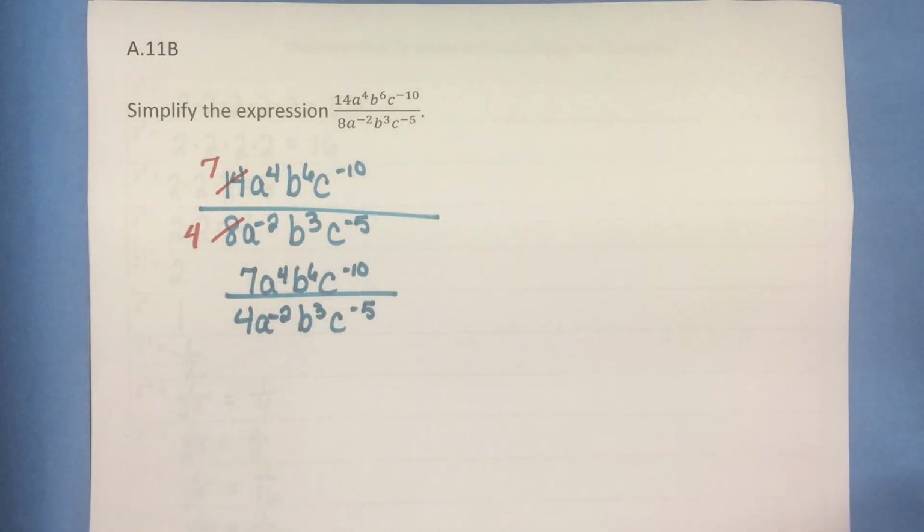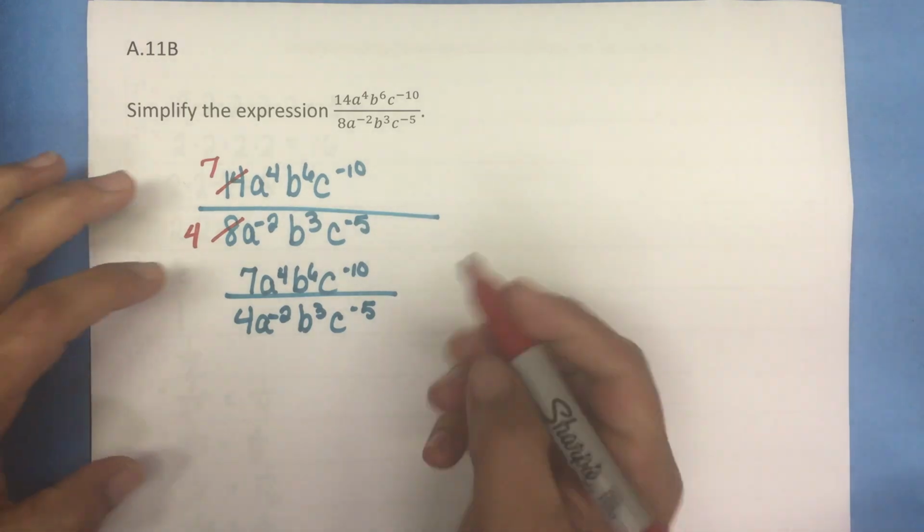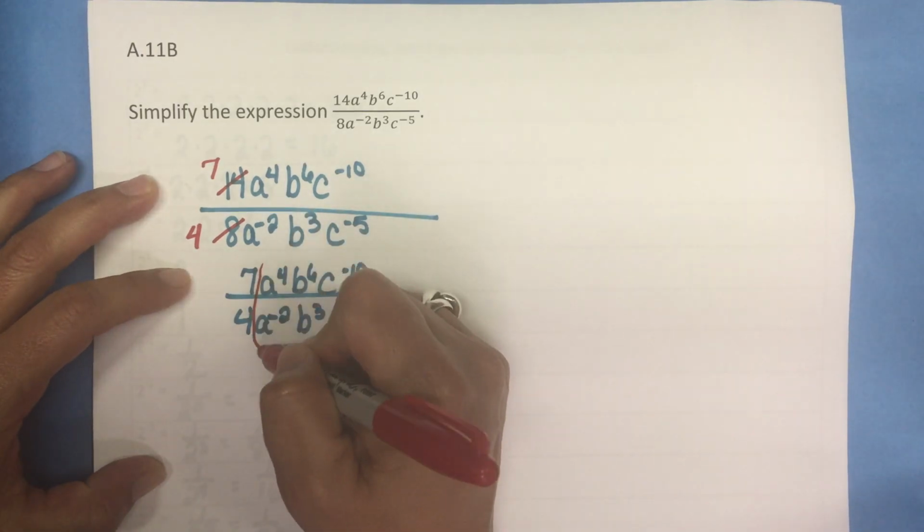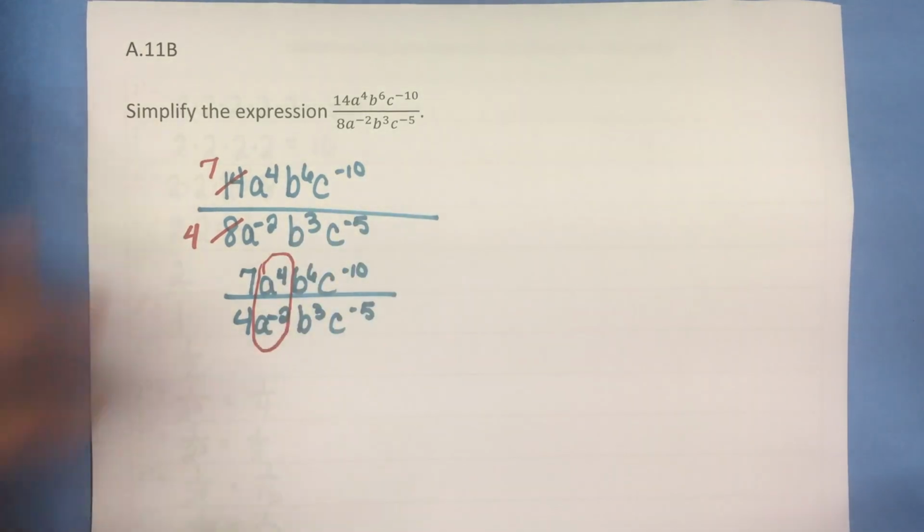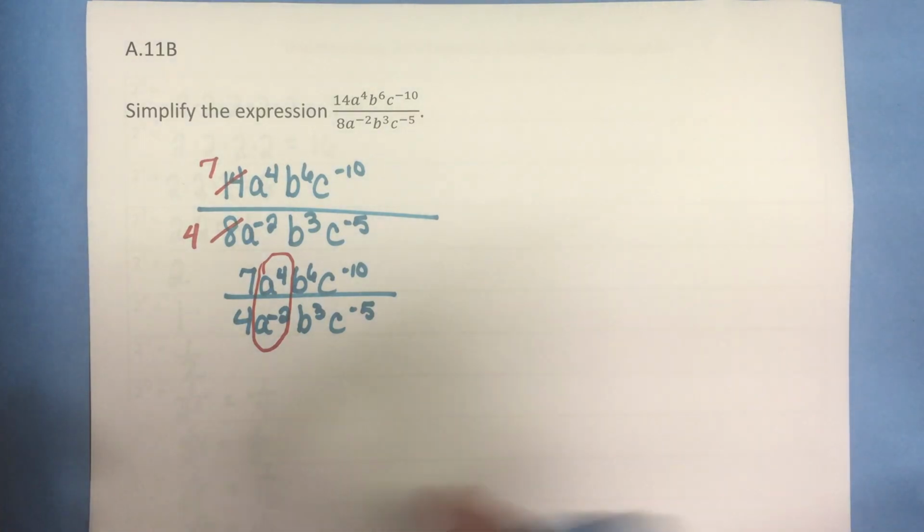So now I'm going to apply the quotient of powers rule, which says if we're dividing exponents with the same base, we subtract the exponents. So we're dividing an a to the 4th by an a to the negative 2.